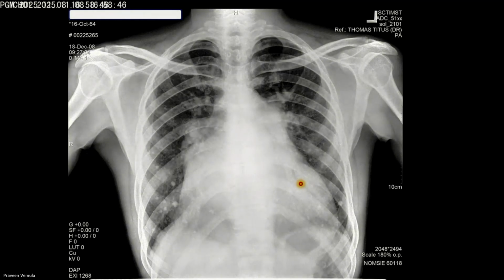It's a lady with long-standing heart disease on follow-up for many years. Start with the 10 mark points.